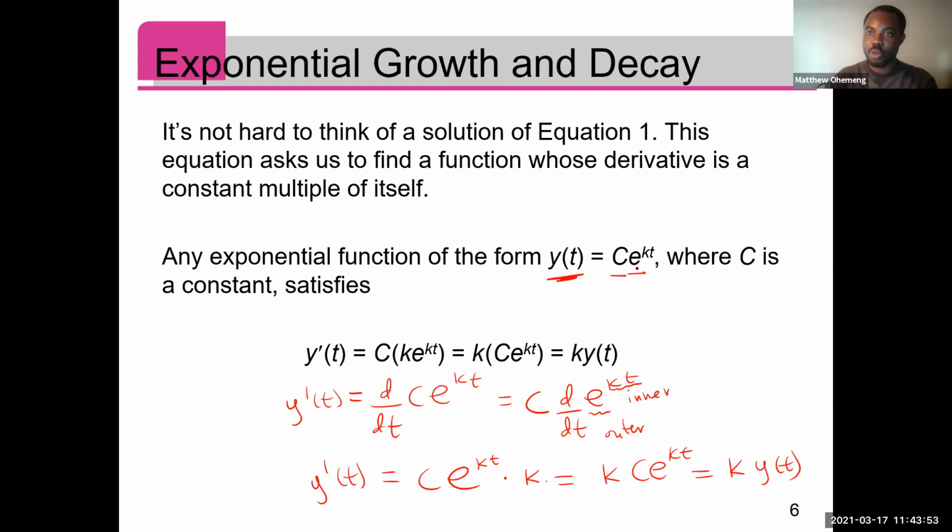It's a solution similar to what you had for equations like x minus 1 equals 0. If we say 1 is a solution, it means that if you plug the 1 in there, the equation holds. In the same sense, if you plug c e to the kt into that differential equation, the condition is satisfied. So that's why it's a solution.